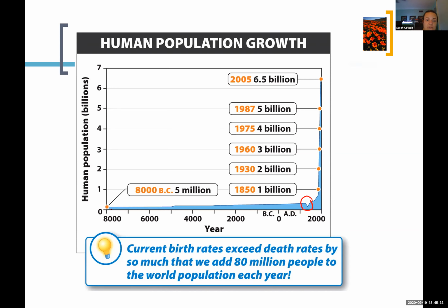So real slow for most of human history. And then we hit that little divot. What the heck happened? What was that? That was the plague, right? The bubonic plague, the Black Death. What's sort of remarkable about that is, since it was such a long time ago, we don't have any frame of reference for that, but at least a third of the population, more like two thirds of the population, died during the Black Plague.